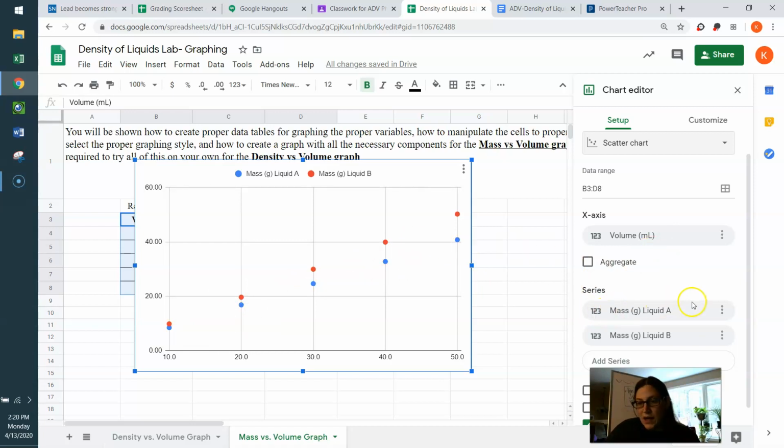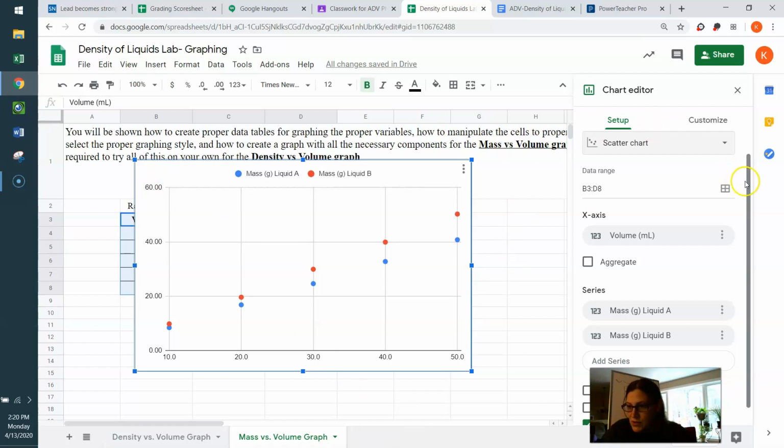One is for liquid A and one is for liquid B. Both liquid A and liquid B have a nice legend or key at the top of my graph. And I can see here that the mass, which would be our series, our y-axis, goes from 0 to 60, and that seems to show the range of the masses for both liquids.